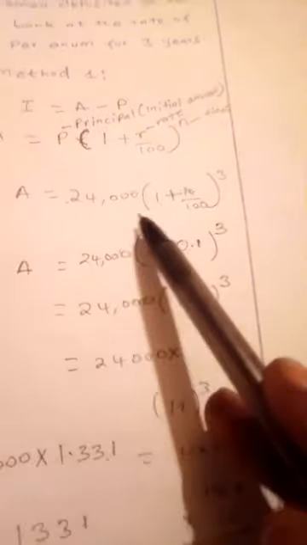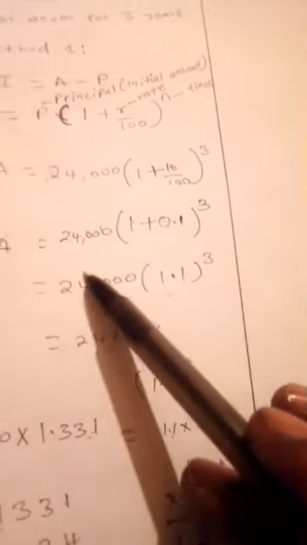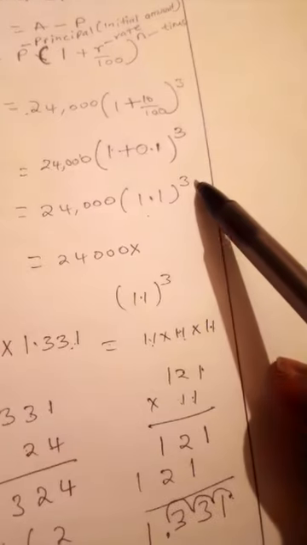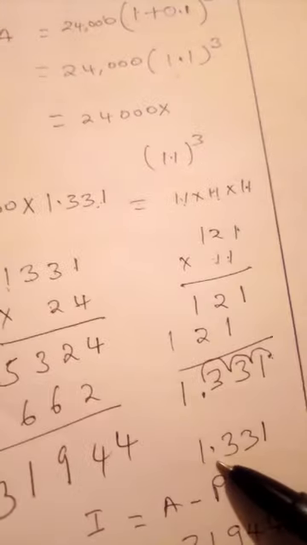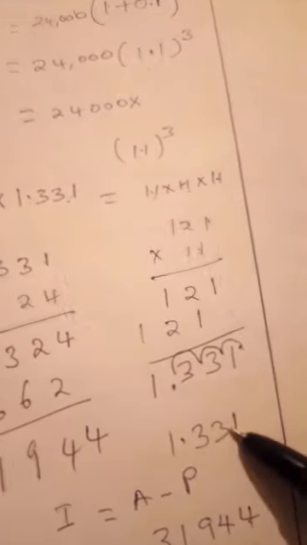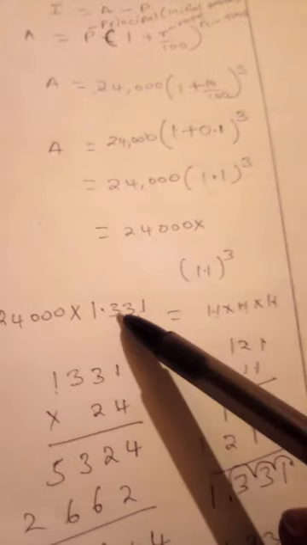We solve it and get 1.1 to the power of 3, which is 1.331. Then 24,000 times 1.331 gives 31,944, which is our amount.